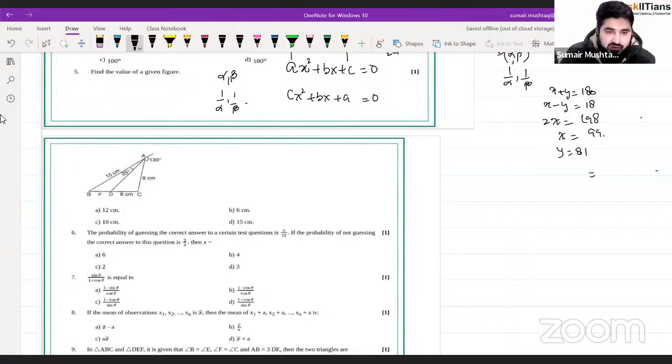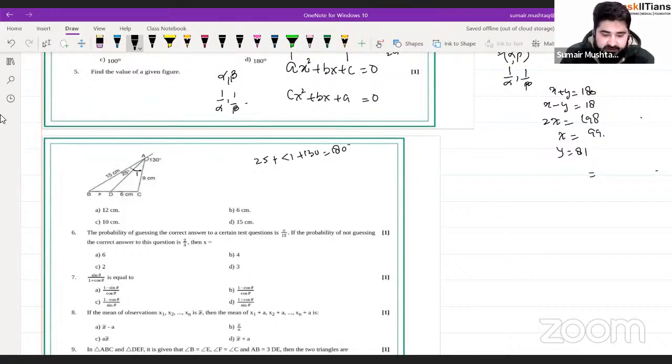See, first of all, I can use here the internal bisector theorem, that the internal bisector of an angle divides the opposite side in the same proportion as the sides containing the angle, right? If I can show that this line is bisecting it, it can be easily seen. So let us suppose this angle 1 plus angle 1 plus 130 is equal to 180, right?